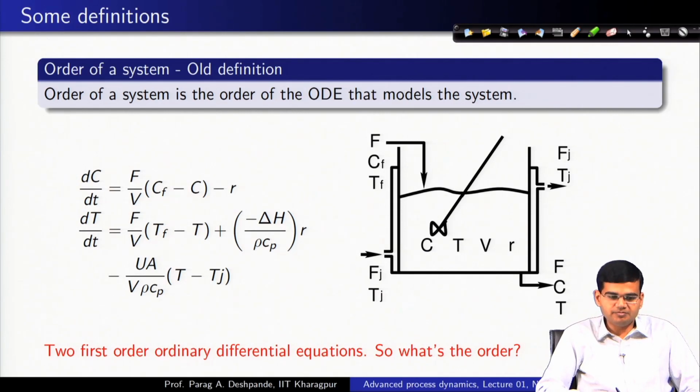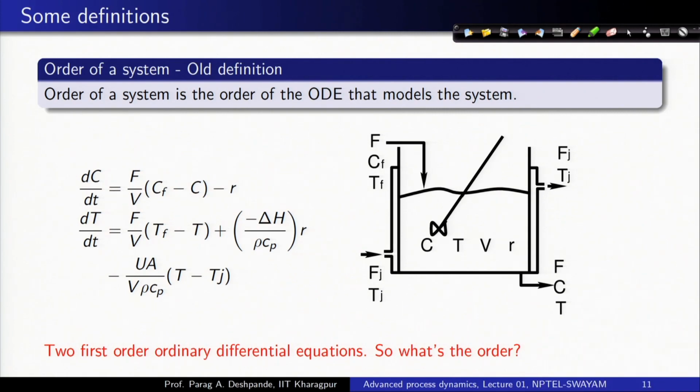But now we have a problem. What you see here is that for the case of a CSTR, you have 2 equations, and each equation is a first order equation. And if such is the case that you have 2 first order ordinary differential equations, then what is the order of the system?